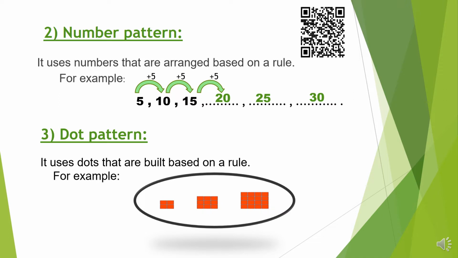The next one, 3 dots in each column, 3 dots in each row. They became 4 dots in each column and 4 dots in each row. So our pattern here is getting larger also.